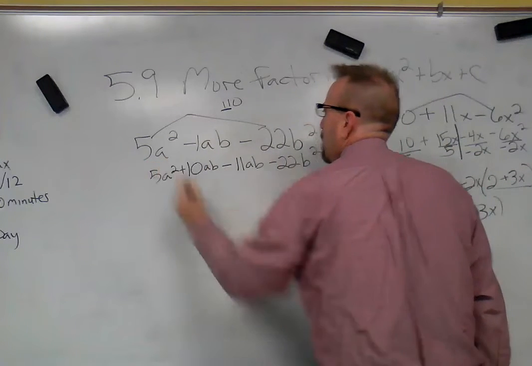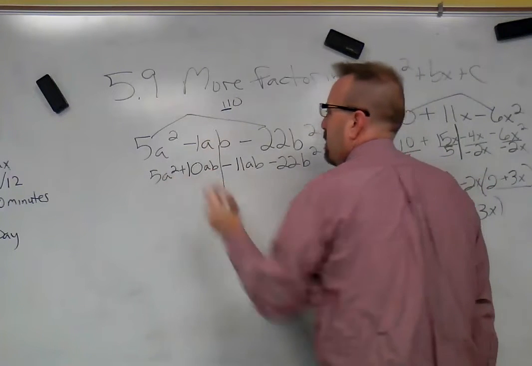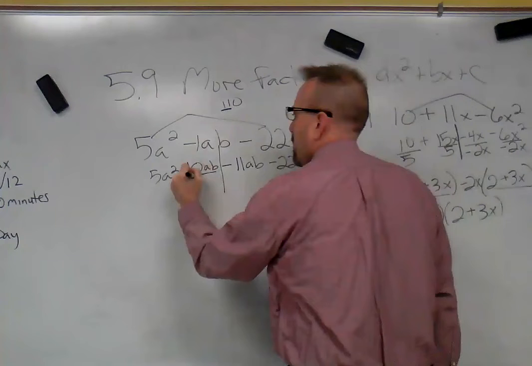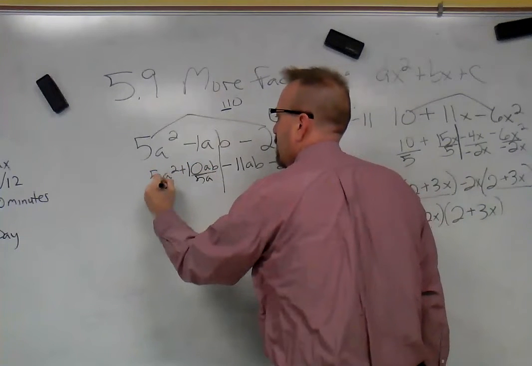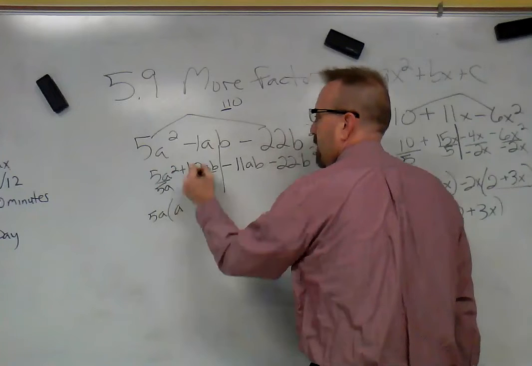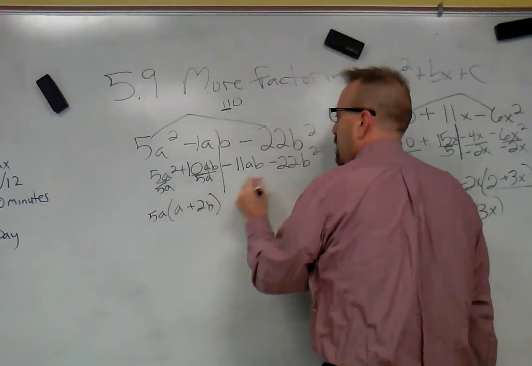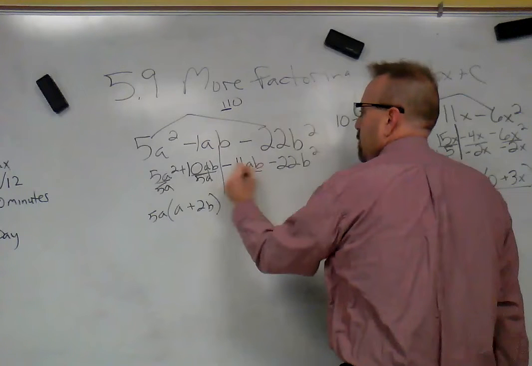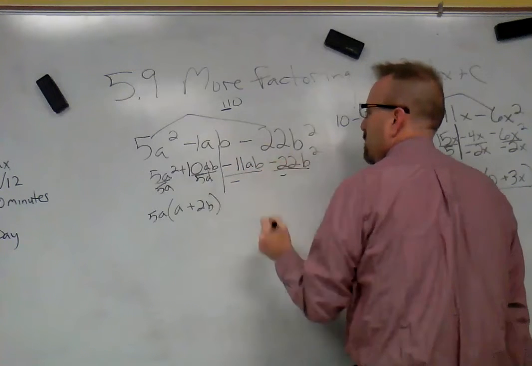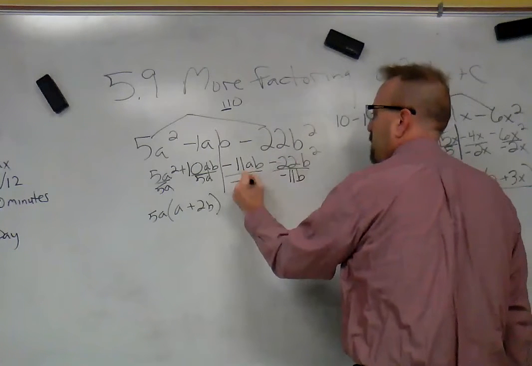All right, 4 terms, cut it in half. What's common in these two? 5a. So that leaves us with a, and the a's cancel, we get 2b. These are both negative, so we need to take out a negative 11b, because they both have b.